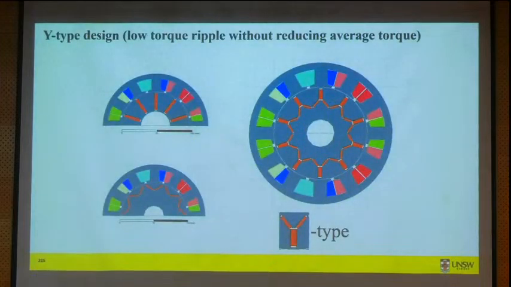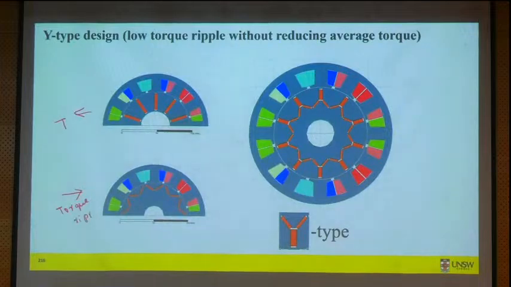When we did the same thing for the spoke type and V type for the fractional slot, we found that the spoke type and V type give us the best efficiency and lowest cost. But we also found that the spoke type gives us high torque, whereas the V-shape gives you low torque ripple. Torque ripple was lower in this machine.